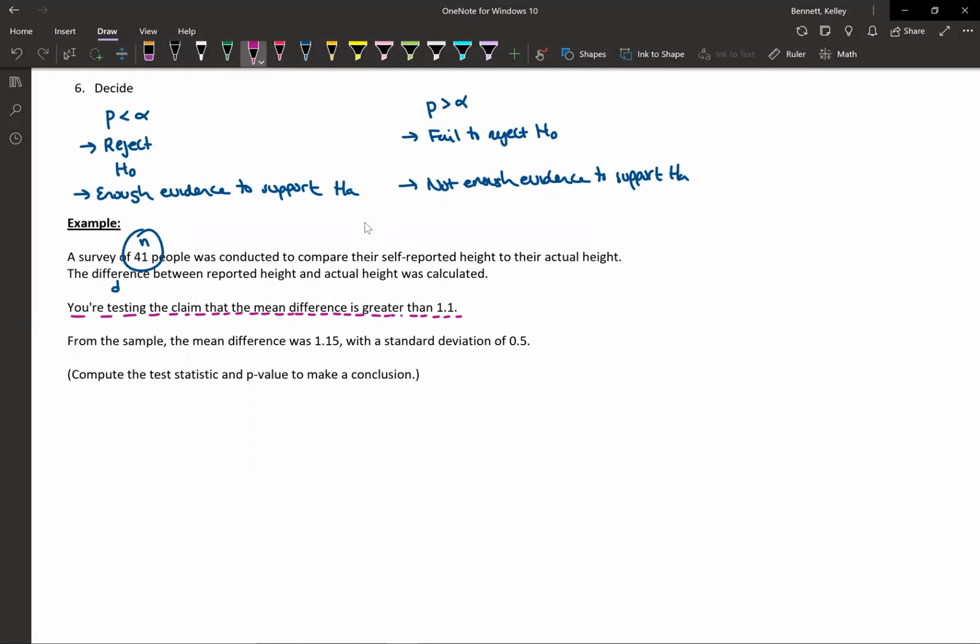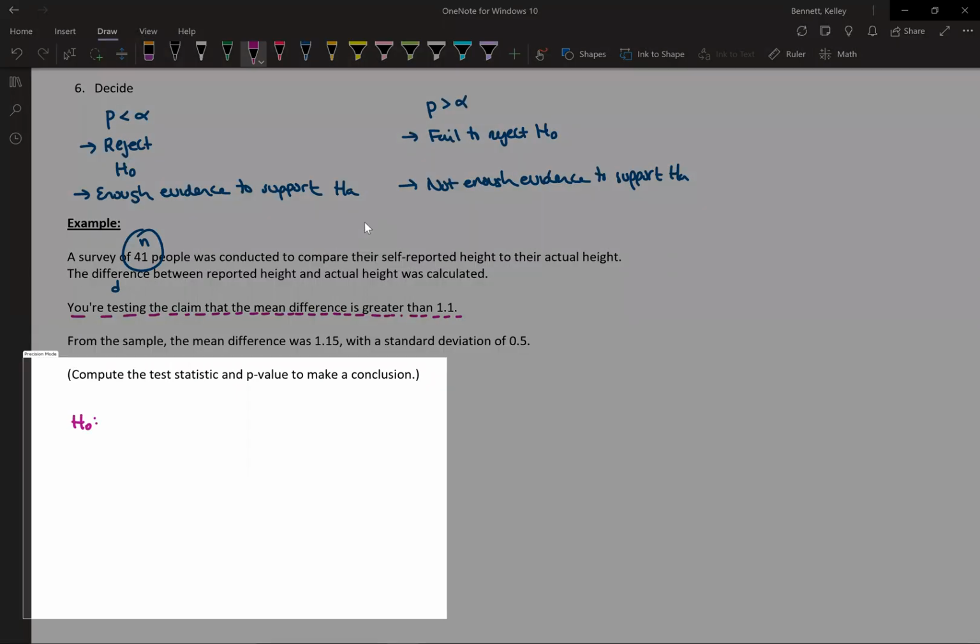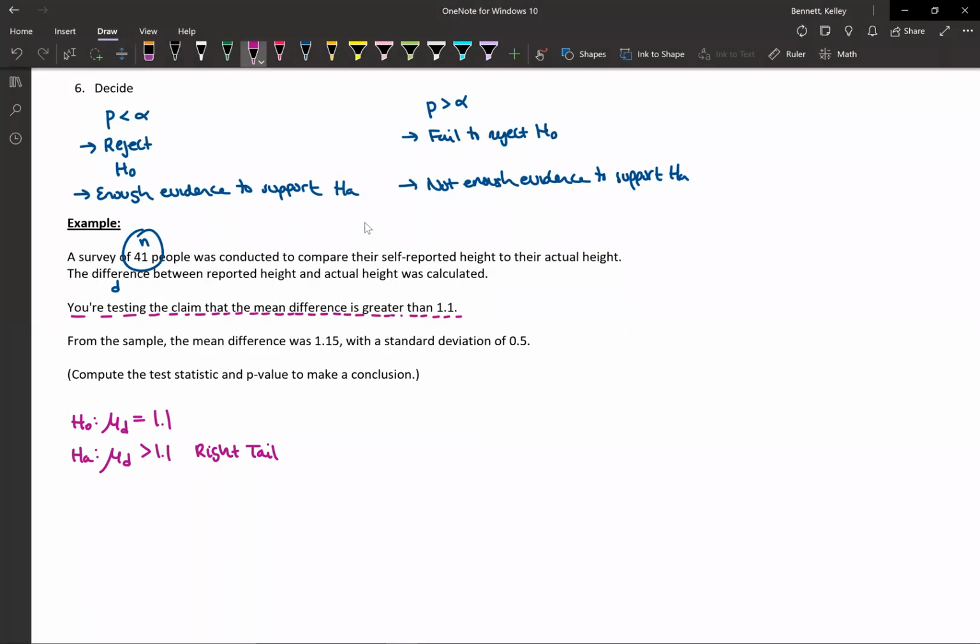So let's set up our alternative first. The mean of the differences is greater than 1.1. This is a right-tailed test. And we know that for our null hypothesis, it's just going to use equality and we have the same number. So we can see here already that it doesn't necessarily have to be that the difference is 0.